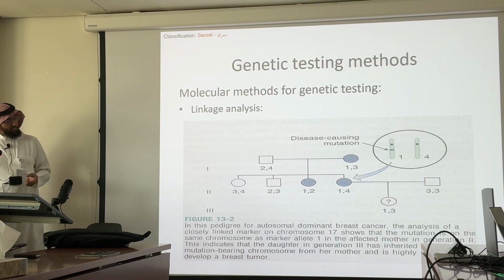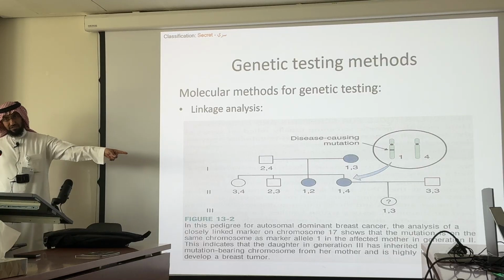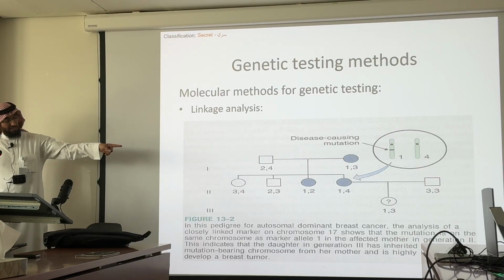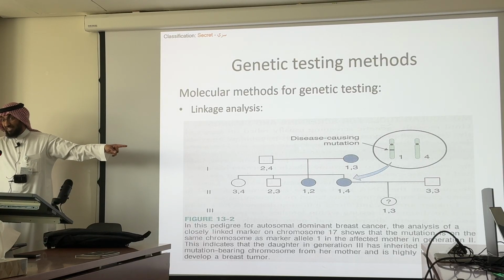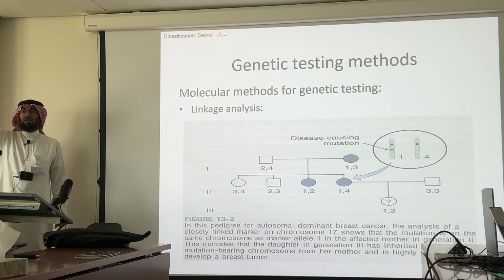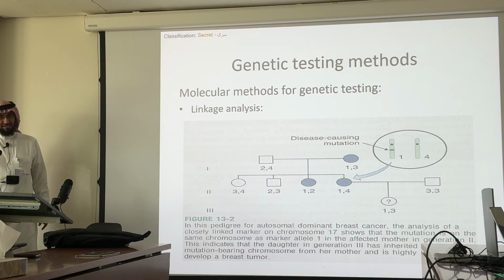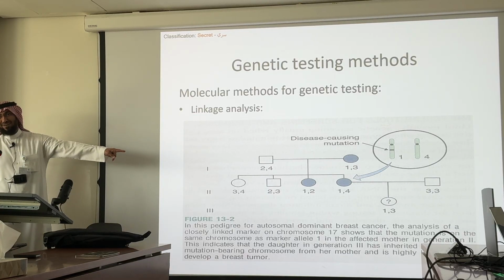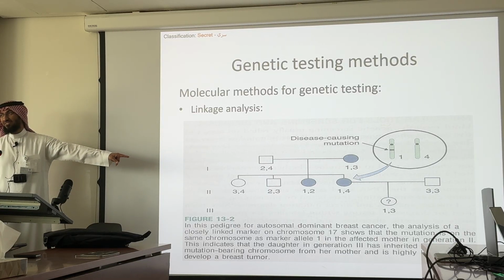So when you tested this girl, if she inherited by the tandem repeat number 1, and did not inherit number 4 or 3, then she has a risk. So this girl is at risk of breast cancer.